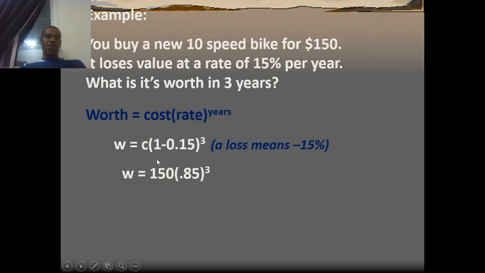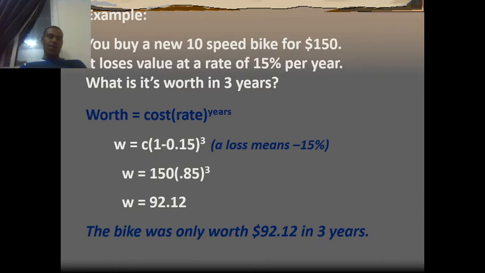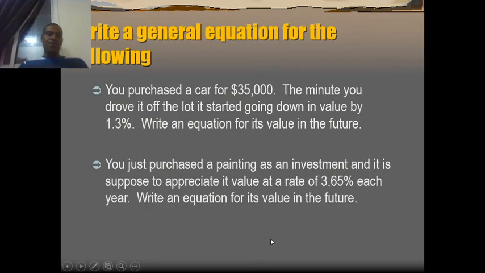So you buy a new 10-speed bike for $150, so the price of this bike is $150. So $150 multiplied by 0.85 to the power 3, it's an exponential decay, and the answer, the worth, is equal to 92.12. The bike was only worth 92.12 in 3 years.